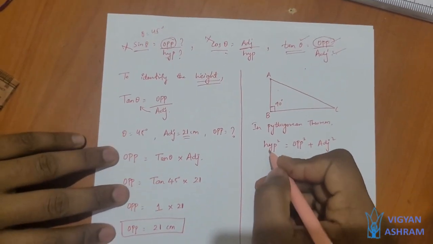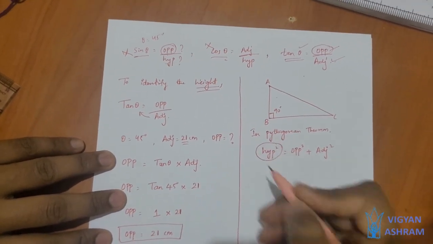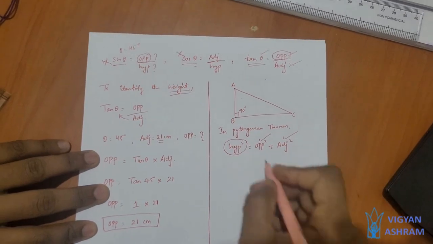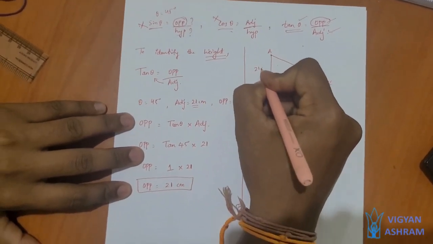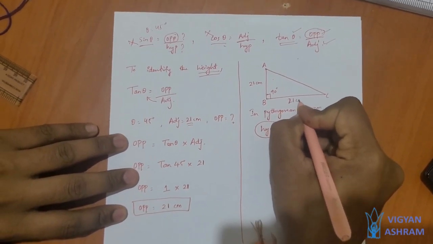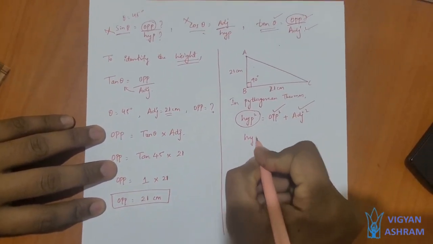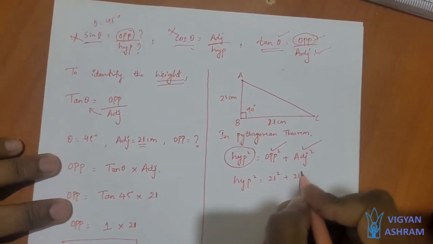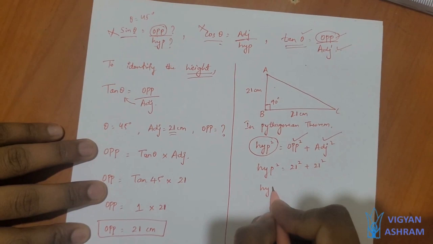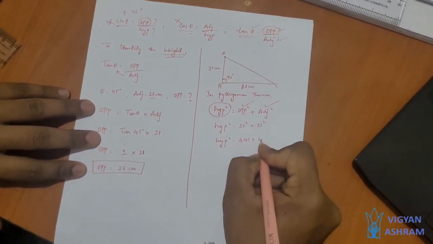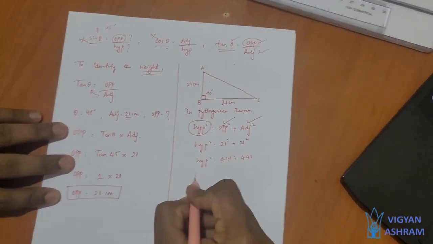So we need to determine hypotenuse. We know opposite, we know adjacent. Opposite is 21 centimeter, adjacent is also 21 centimeter. So hypotenuse square is equal to 21 square plus 21 square. Hypotenuse square is equal to 441 plus 441.